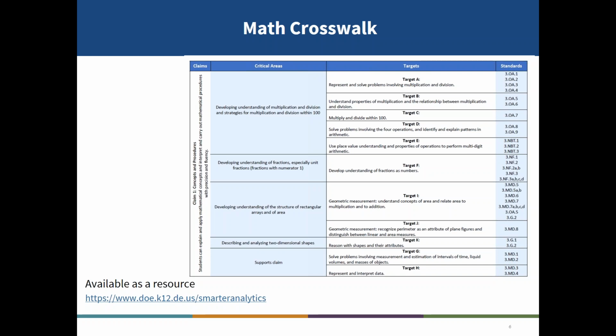So the standards are bundled together to generate a target, and then we report data at the target level for a group. So when you look at the data for a student, you might look at target A, and you might be able to see as a group how the students did for this particular target.